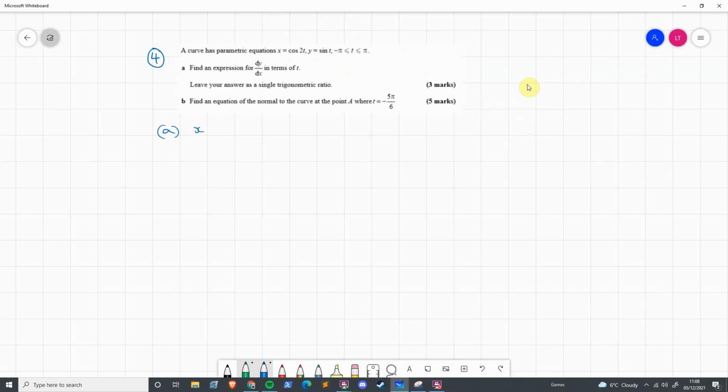If we know that x equals cos 2t, y equals sine t, we differentiate both with respect to t first, so that will be minus 2 sine 2t. Oops, not by dx, by dt. Make sure your notation is correct.